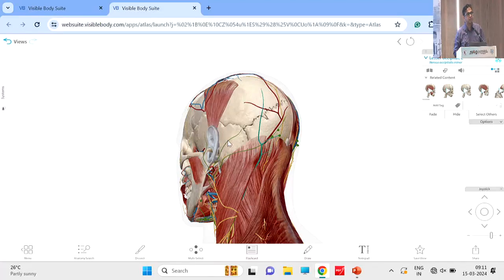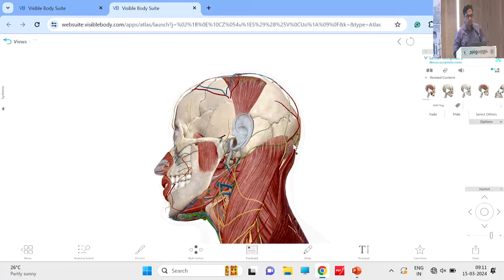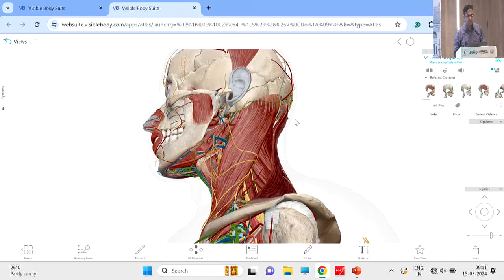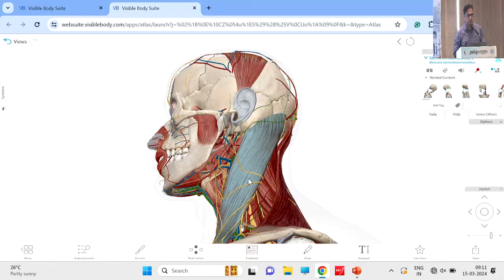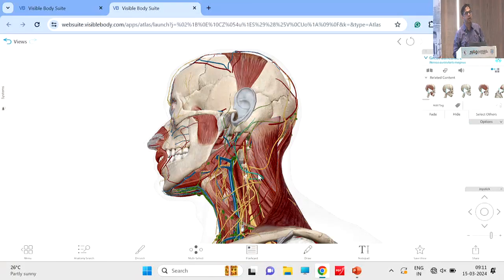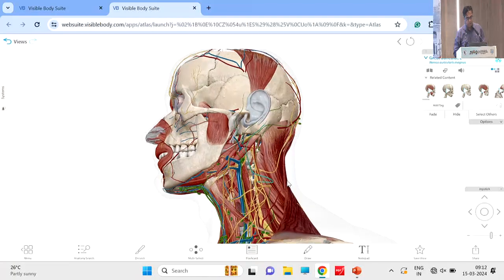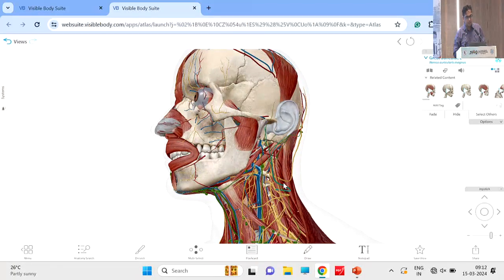But there is a simple thing to that. Both these nerves are part of the cervical plexus. All three nerves are part of the cervical plexus, lying inside the muscle called sternocleidomastoid and on the surface of the prevertebral muscles. So on the surface of the prevertebral muscles, we should be able to see the cervical plexus.